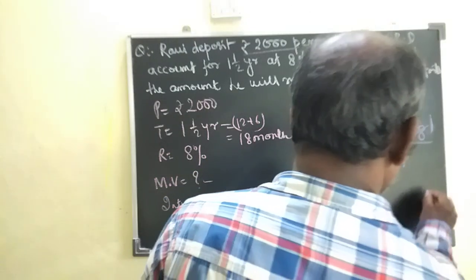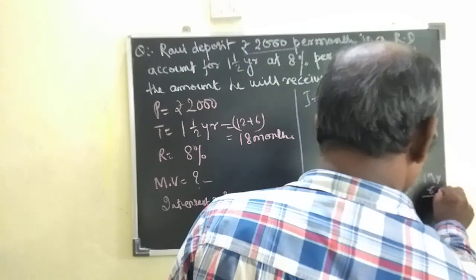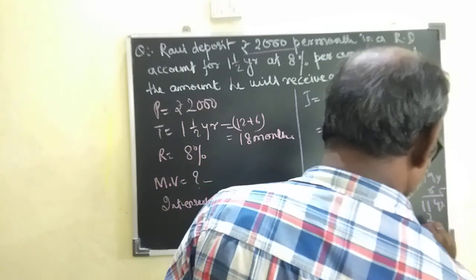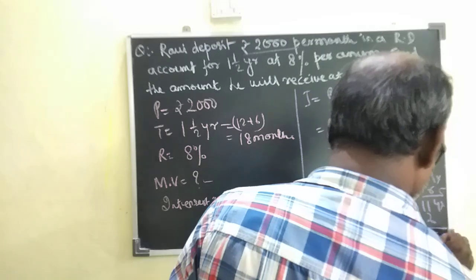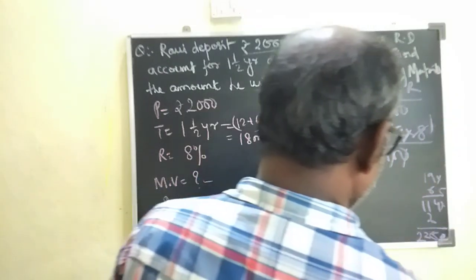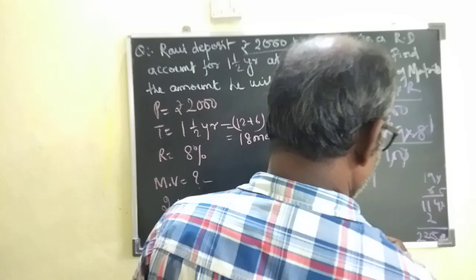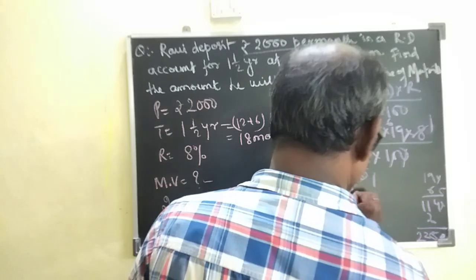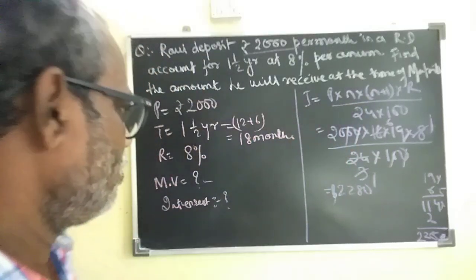So we get 19 into 6, 6 nines are 54, 4, 5, 6 ones are 6 plus 5, 11 into 2, 2 fours are 8, 2 ones are 2. So we get 2280 rupees. So interest we are getting is 2280.